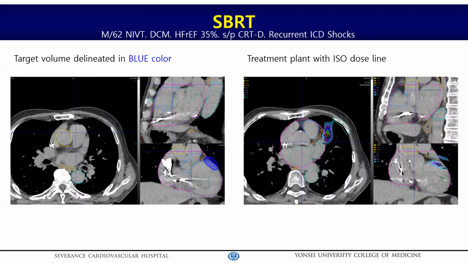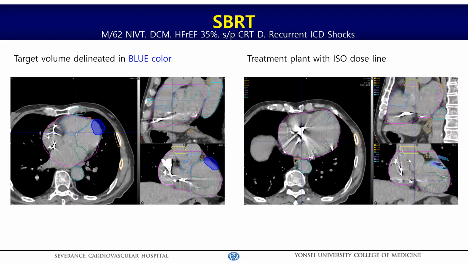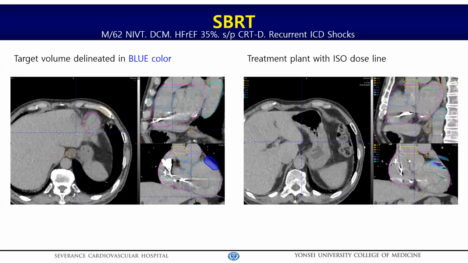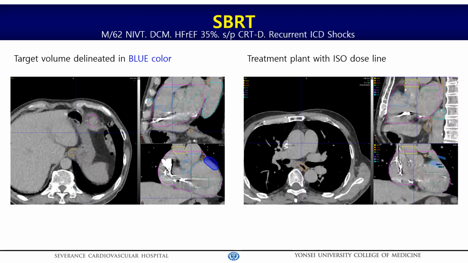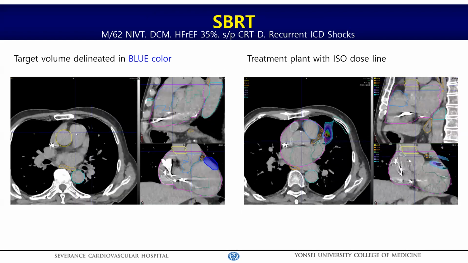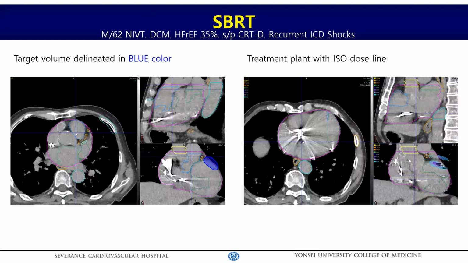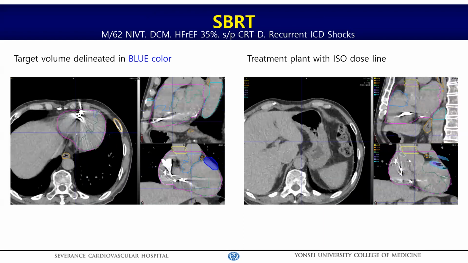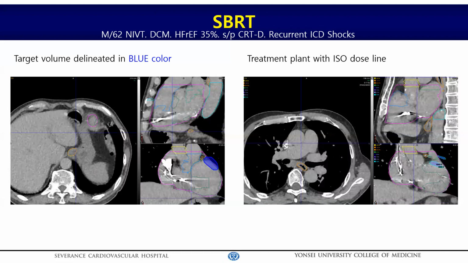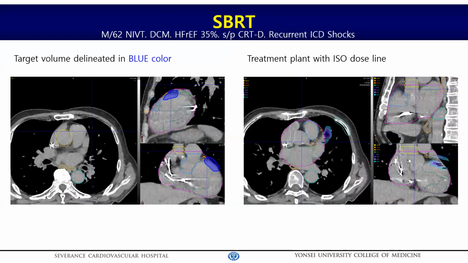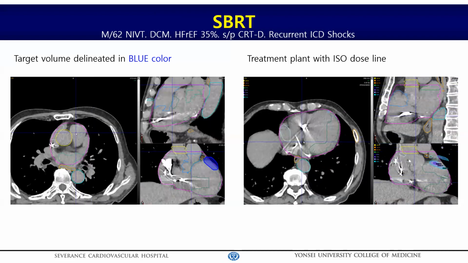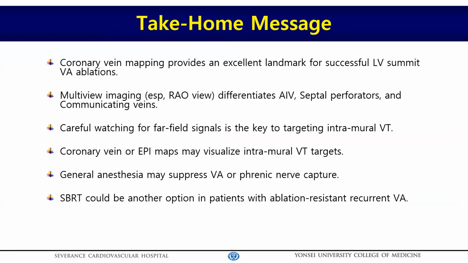Radiation oncologists accurately calculated the target volume of the LV summit and completed SBRT within 30 minutes without pain or invasive interventions. There was a VT with ATP termination at about 2 months, but there has been no further ICD shock so far. So I'm carefully watching his rhythms.